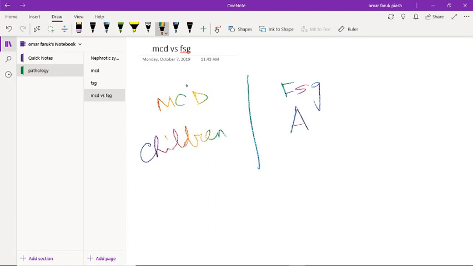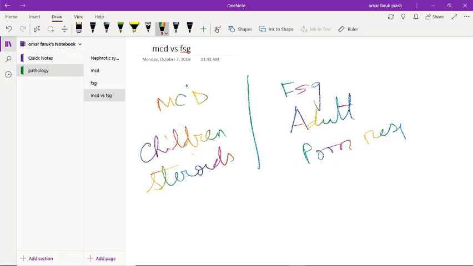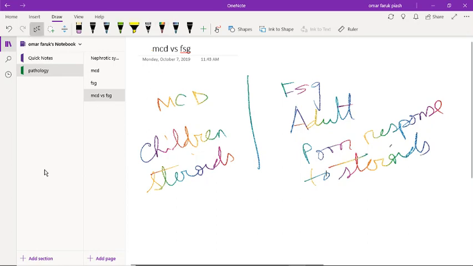FSGS usually occurs in adults. And in MCD, there is good response to steroid. On the other hand, there is poor response to steroid in FSGS.